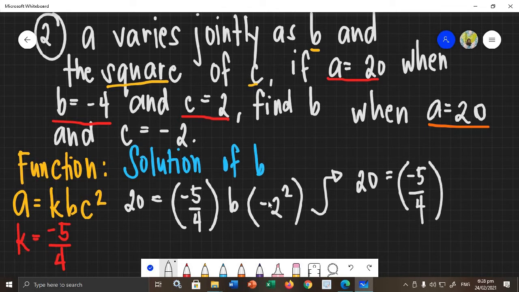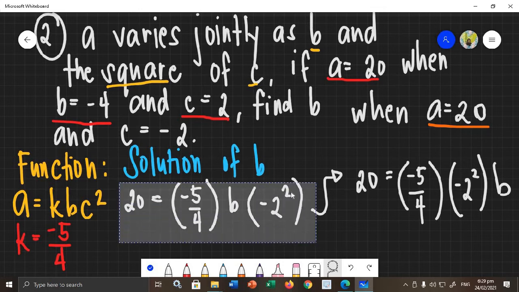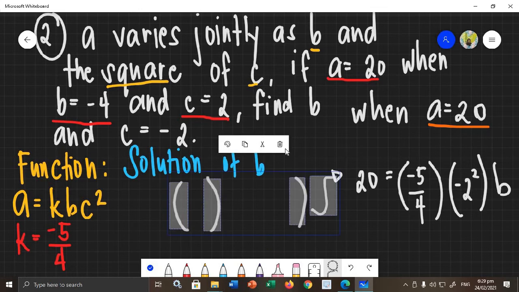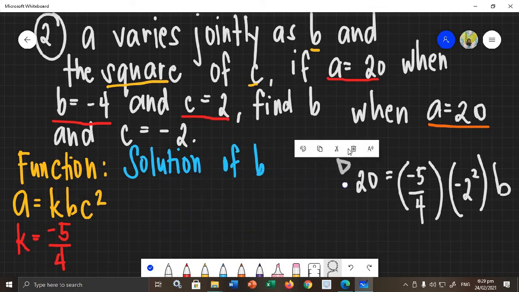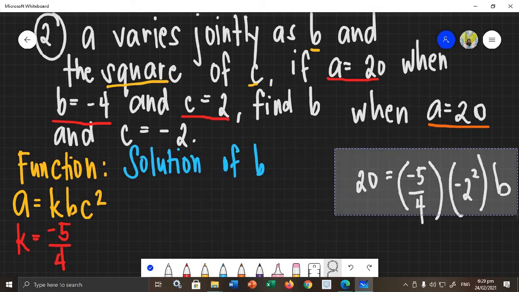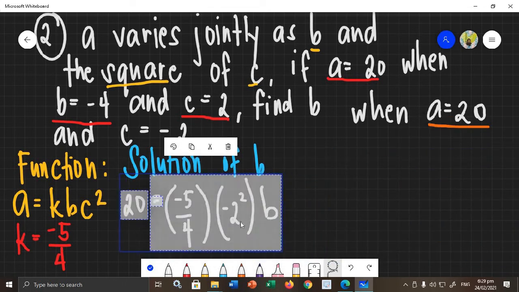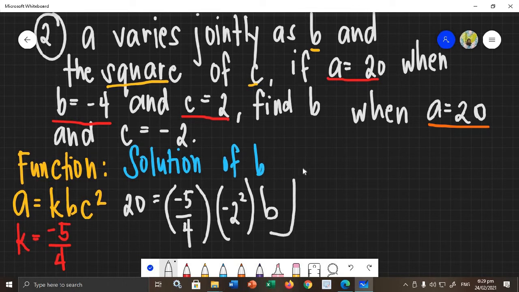And then, mauuna lang si negative 2 squared. Negative 2 squared. And then we have b. So, imbis na ito yung gamitin natin, let's change it. And then, yan. And then, right after natin inayos yung given natin, we can simplify.